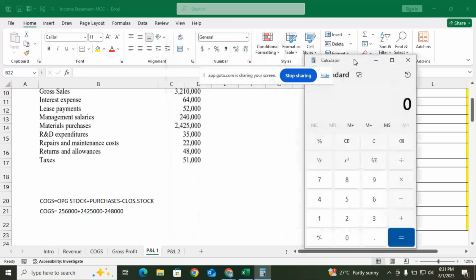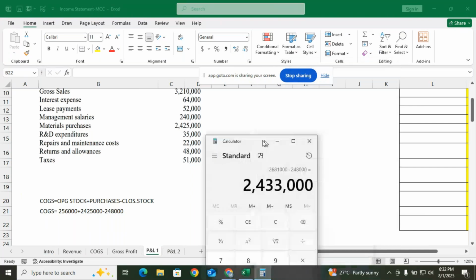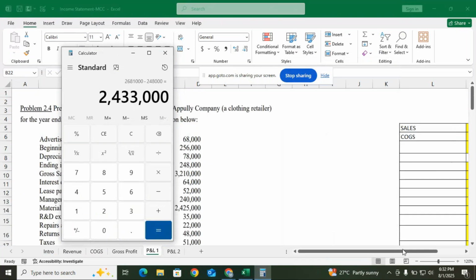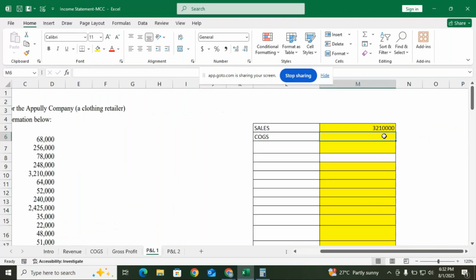So it is 2 lakh 56,000 minus 2 lakh 48,000. So if you have got this, 24 lakh 33,000.